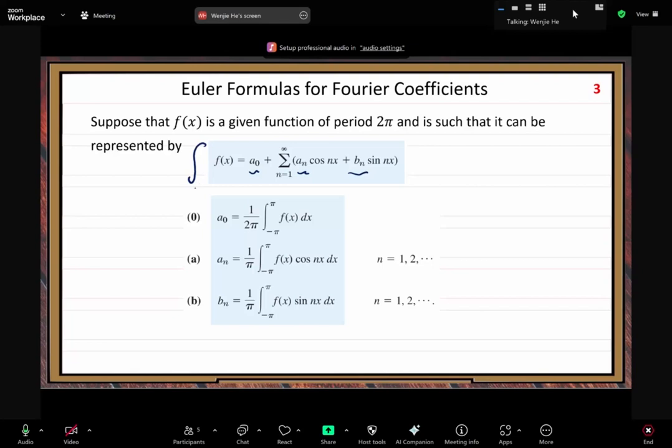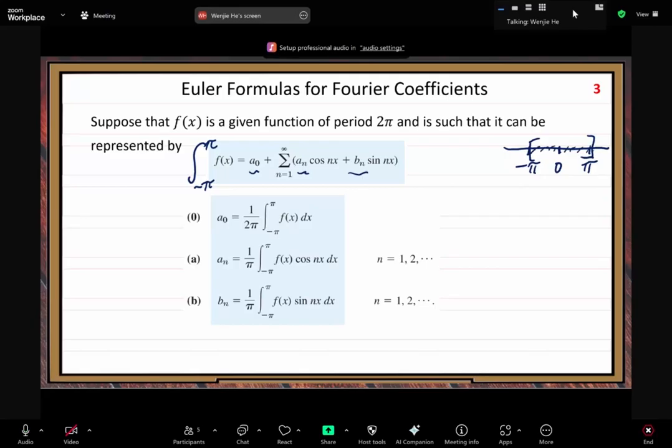Now you just take the integral of both sides on one period. Here we select a symmetric period from negative pi to pi. This interval is symmetric with respect to the 0 point: positive pi, negative pi, positive part, negative part.